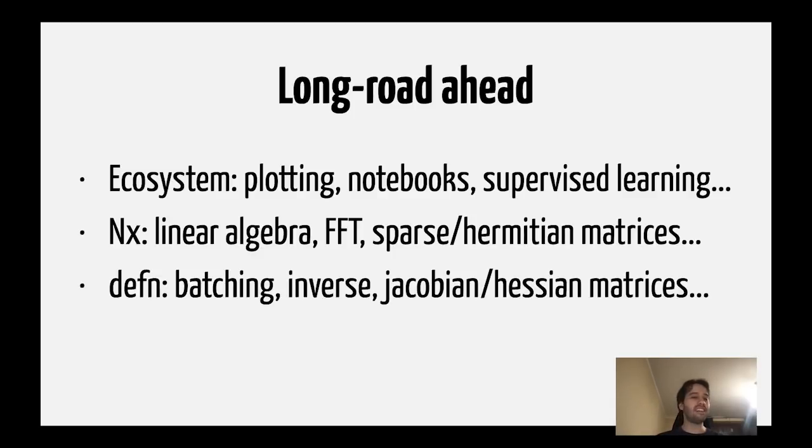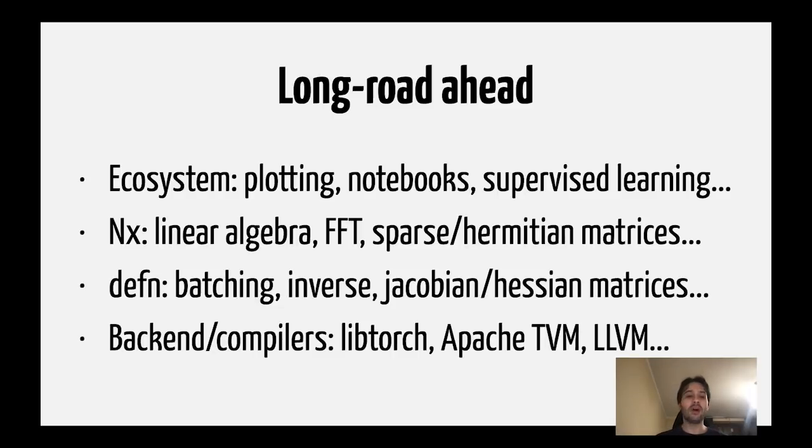When we look at defn, there is a lot of interesting and cool stuff we can do with it. We talk about grad and how grad can look at this computation graph and compute the derivative for us. But we could do automatic batching, for example. So you can write code that doesn't know about batching and we batch everything for you. We could automatically compute inverses or compute Jacobian and Hessian matrices.